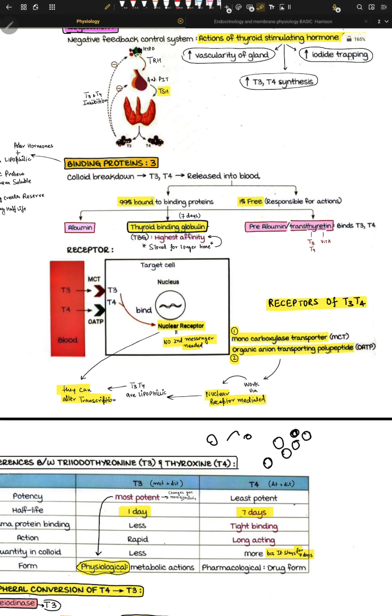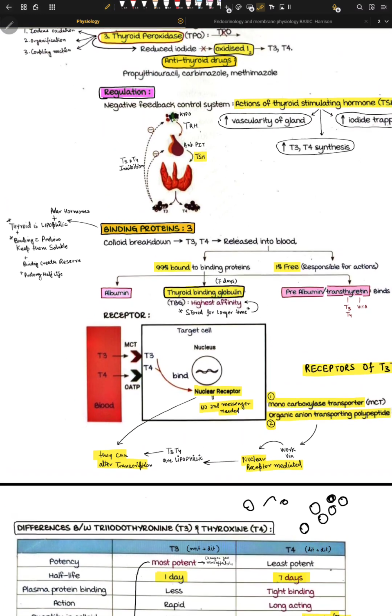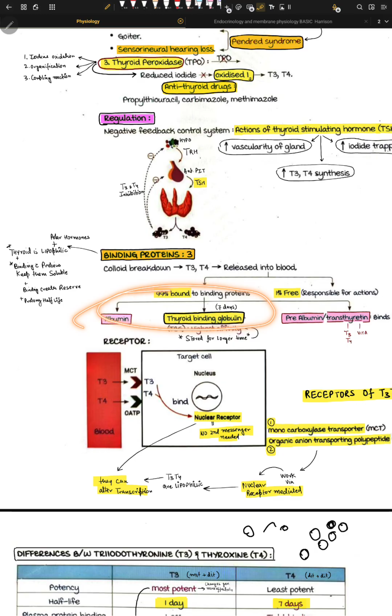Around 99% of T3 and T4 bind to thyroid binding globulin, because its name suggests that it binds to globulin, right? And then we have around 0.5% to albumin and 0.5% to prealbumin. So this 99% is bound to protein.